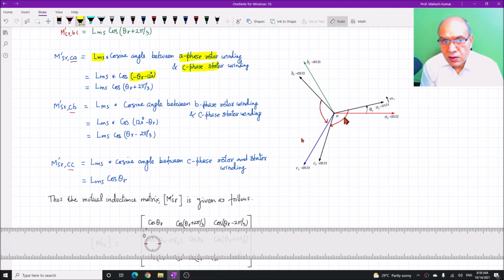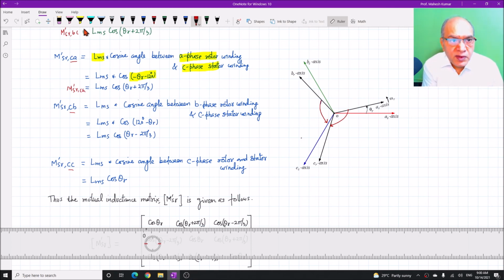So this is minus theta r because we are going clockwise and minus 120. So the net angle is minus theta r minus 120 degree. And therefore we can write that MSR dash CA equals to LMS cos theta r plus 2 pi by 3.